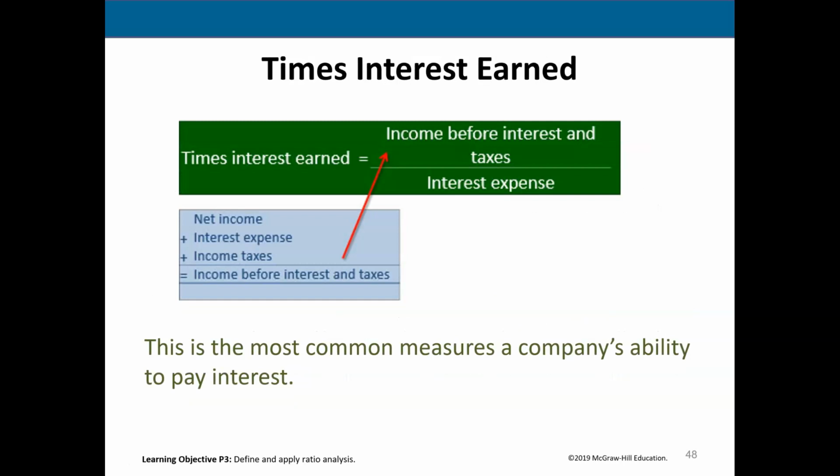Then the last one is the time interest earned. This is income before interest and taxes, and you divide it by the interest expense. This measures a company's ability to pay interest.